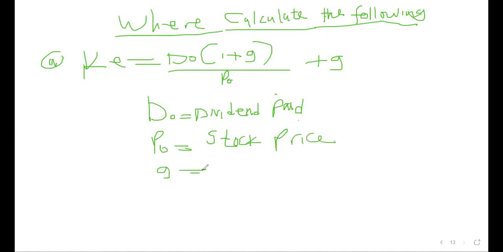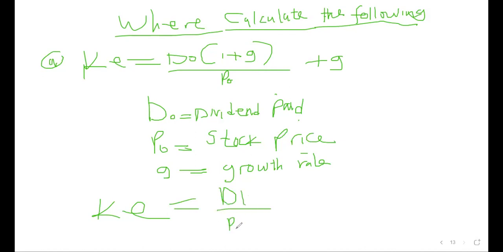G is the growth rate. Then we also have cost of equity equal to D1 over P0, then plus G.